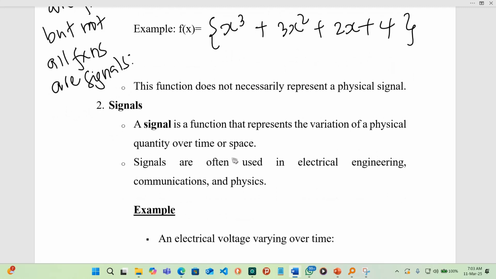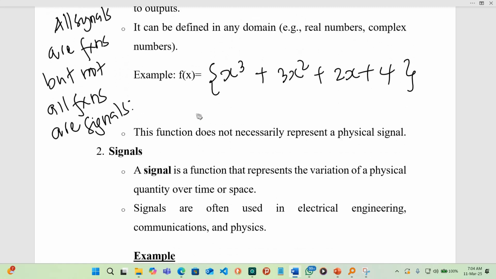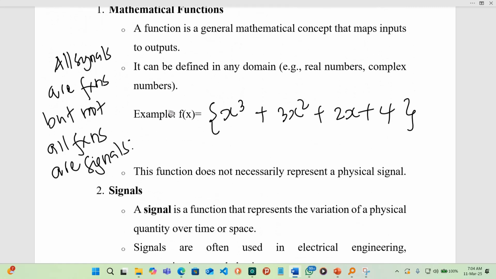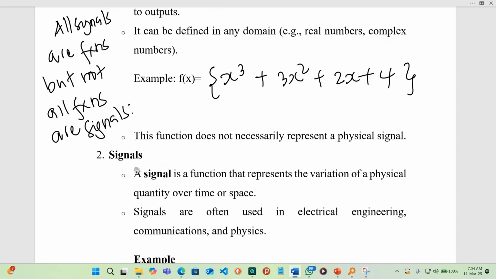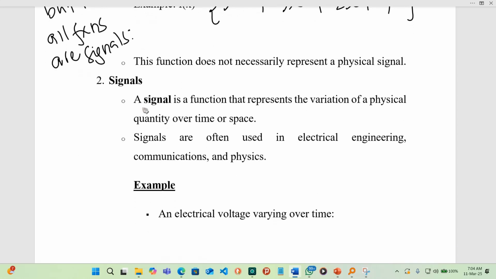So any quantity that is varying over time or space is going to be a signal. Anything that is varying over time or space is what we are going to be calling a signal. So that is the difference between a function and a signal. We are talking about quantities varying over time.